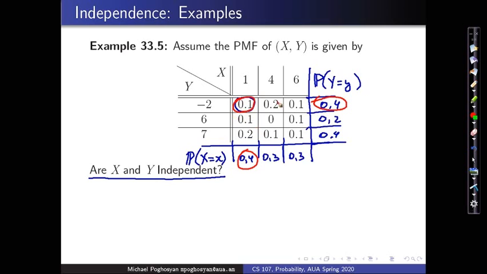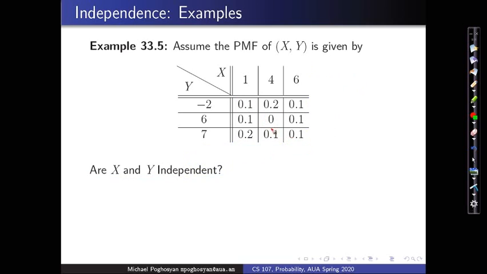By the way, we could start from this 0. Let me erase. Well, if they are independent, say I have Q2 here and P2 here, then I need to have that 0 is equal to Q2 times P2. So either Q2 is 0 or P2 is 0.